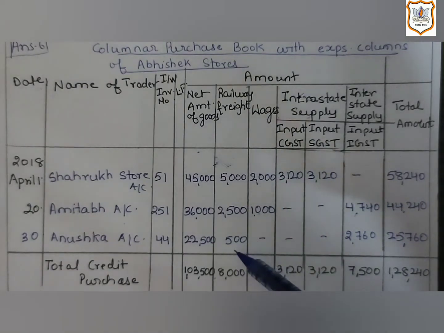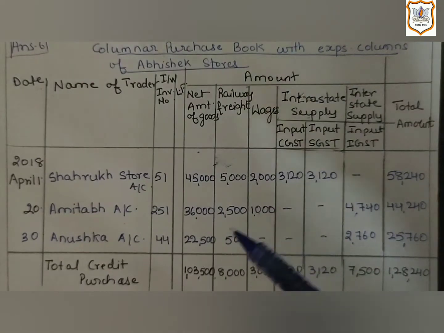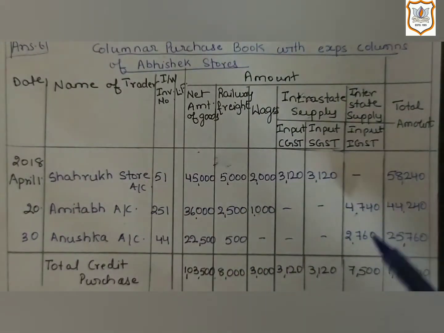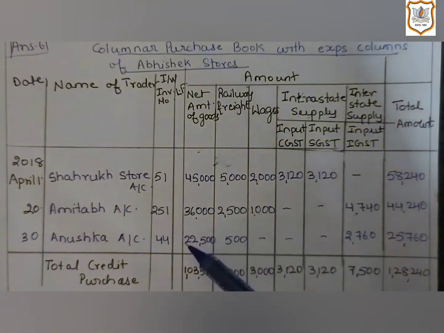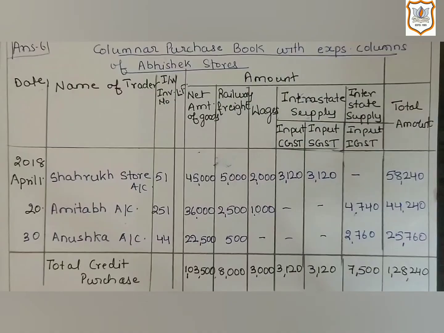On 23,000 we have to calculate 12% IGST. 12% of 23,000 is 2,760. Now add the amounts of this row. Here that gives you 25,760. That means we have to pay total 25,760 to Anushka, who is our supplier or seller.